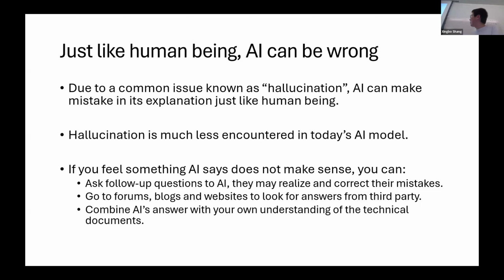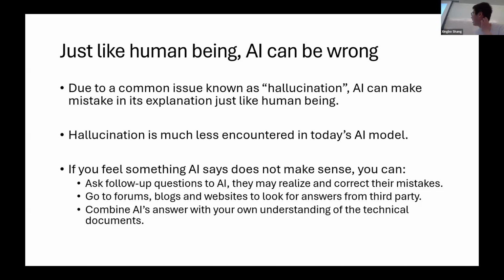So AI is surprisingly good at telling you how the code works and explaining the details to you. But still, if you feel something AI says does not make sense, you can first ask follow-up questions, saying, hey, I think this doesn't make sense to me, because it seems to be contradictory to what's written in the technical documents.